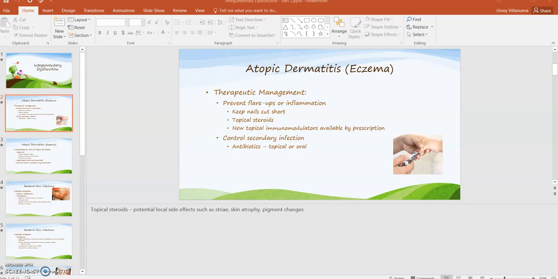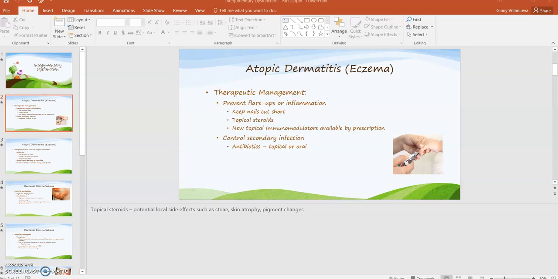Topical steroids may be prescribed by the healthcare provider. However, they have potential local side effects such as striae, skin atrophy, and pigment changes that may occur with use of topical steroids. There are some new topical immunomodulators available by prescription that the healthcare provider may prefer to utilize.